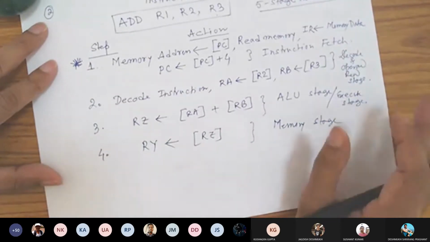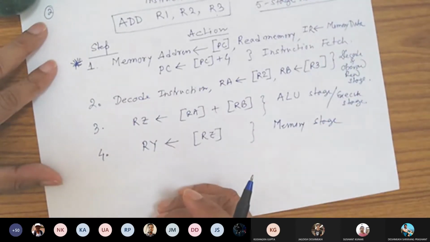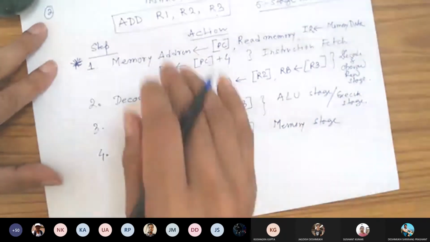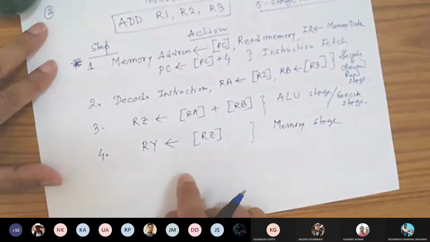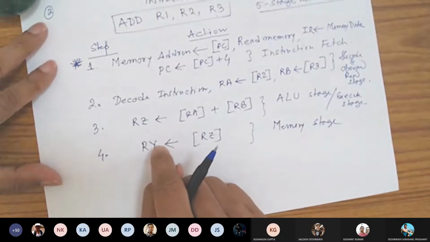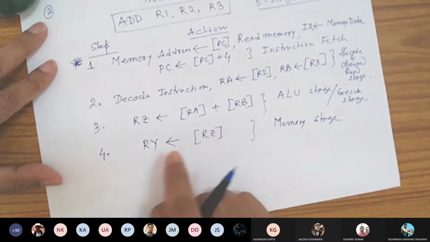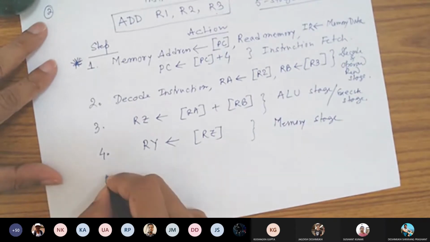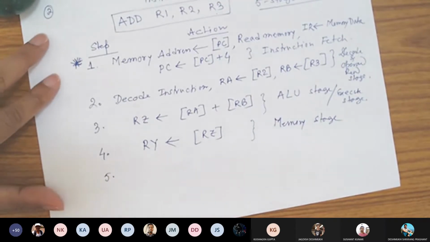Even though it doesn't involve any kind of memory, it just passes the value. So the data line and address line are now inactive. Inactive means the value stored in RY comes directly from RZ. Accordingly, the multiplexer Y line gets selected. Fifth stage.